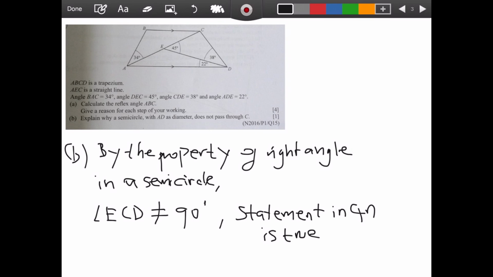So by the property of right angle in a semicircle, angle ECD has to be equal to 90 degrees for a semicircle with AD as diameter to pass through C. If angle ECD is not 90 degrees, the semicircle with AD as diameter will not pass through C.